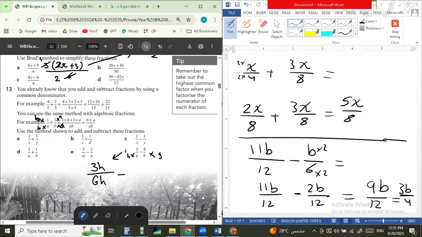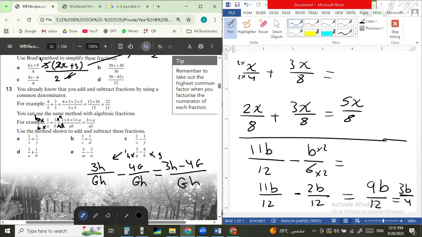Minus, multiplying 4 by g, 4g over h times g, also hg or gh, both of them are the same. Now I can add and subtract normally. 3h minus 4g over gh.